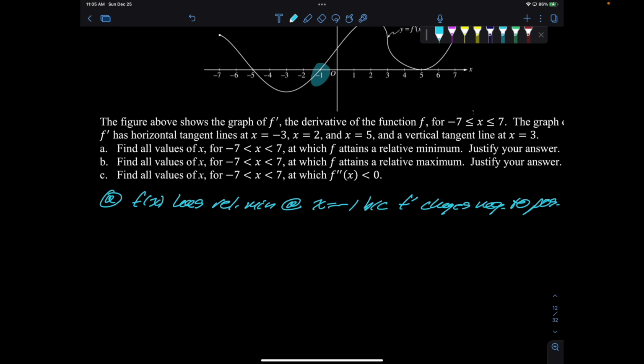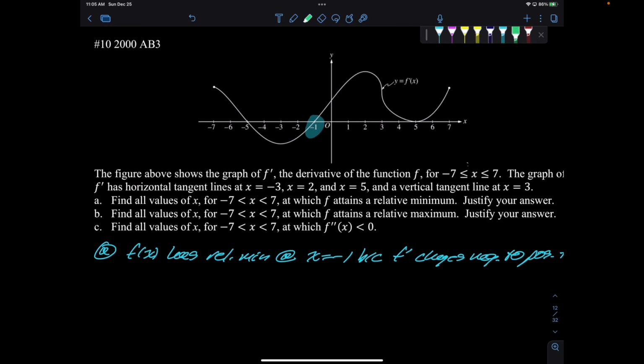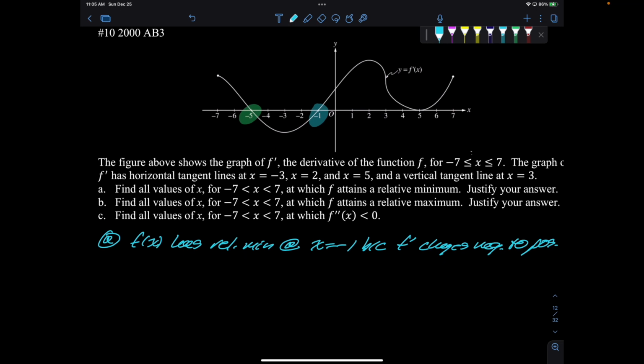Find all values of x at which f has a relative maximum. So relative maximum is f prime going positive to negative. This point is the one that they want you to choose for something, but that's a bounce, right? There's no sign change in f prime. So that's not going to be an answer for a max or a min. It will be a point of inflection if we're asked about that, which we're not for some weird reason.